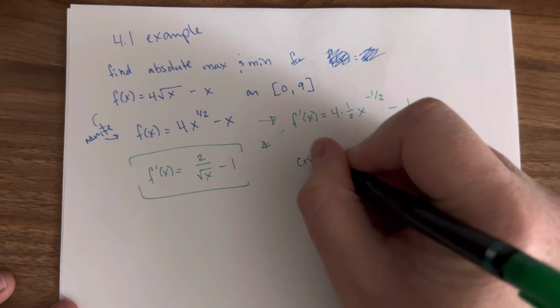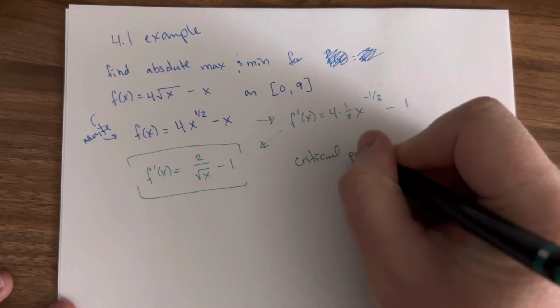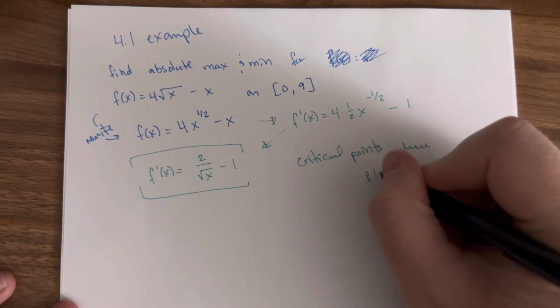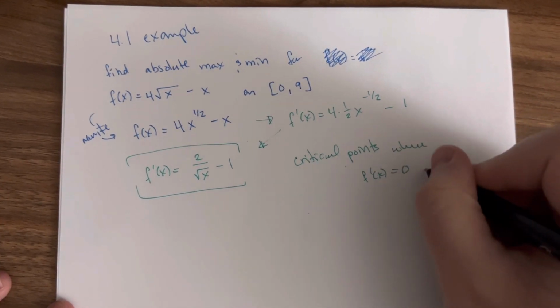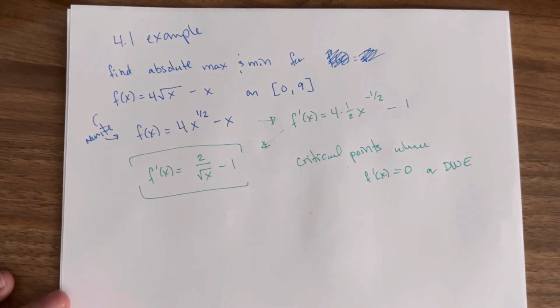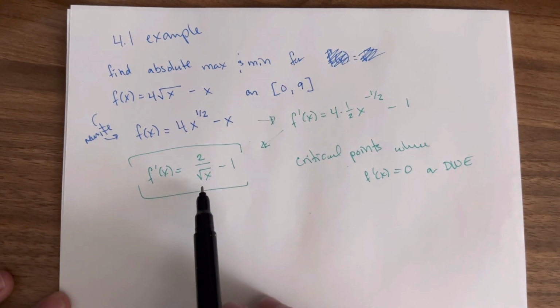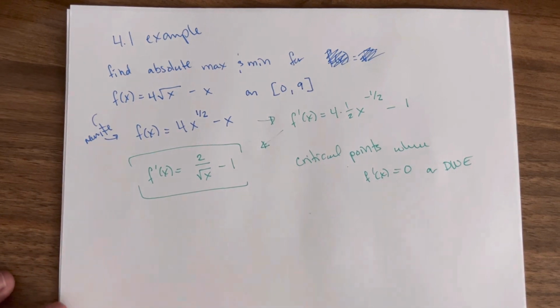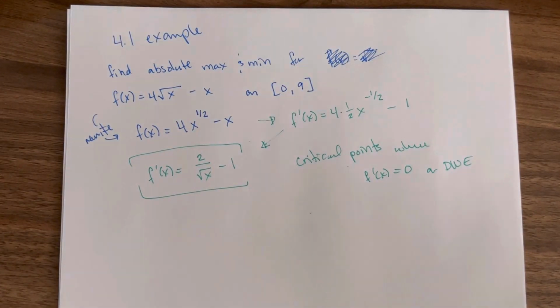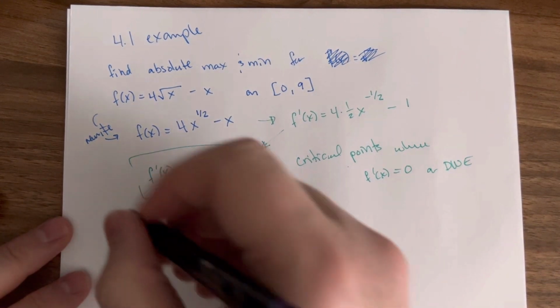So we need critical points where f prime of x is equal to 0, or in this case, we'll have one value where f prime of x does not exist. It's a rational function, it has some fractions in it. So I'm going to quickly rewrite this again.